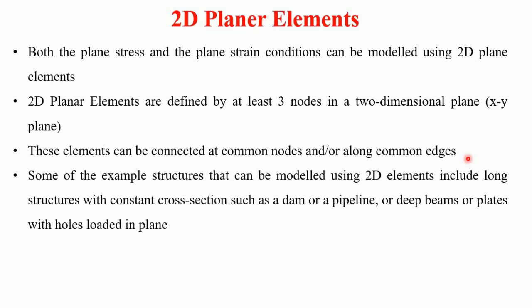Some examples of structures that can be modeled using 2D elements include long structures with constant cross section, such as a dam or pipeline, and deep beams or plates with holes loaded in the plane. These are some examples of plane stress and plane strain, which we will discuss in detail.